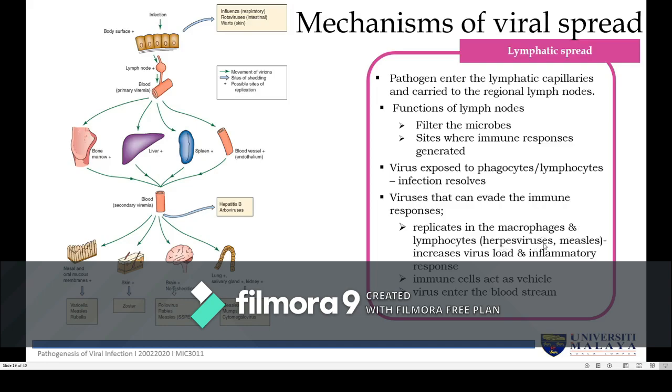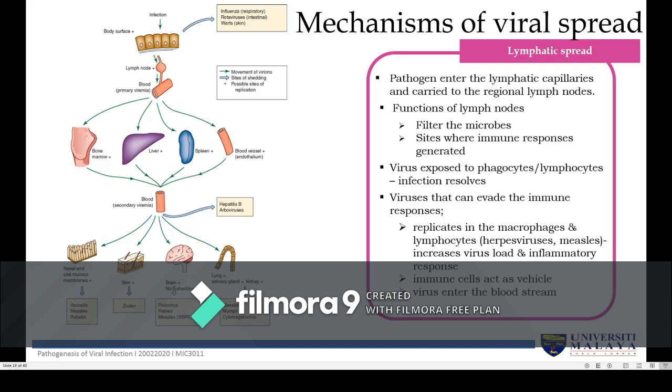Measles usually does this. This not only increases the viral load and the inflammatory response, but they also use the macrophages and lymphocytes as vehicles, because we know macrophages and lymphocytes usually circulate the body through the lymphatic and blood vessels.